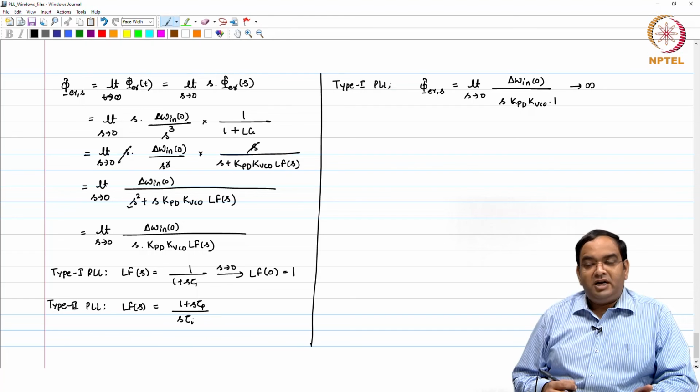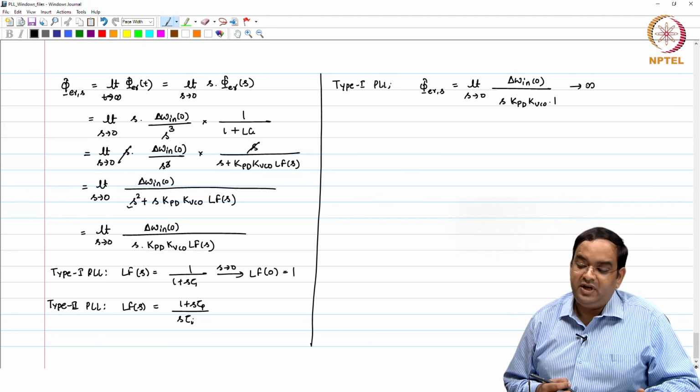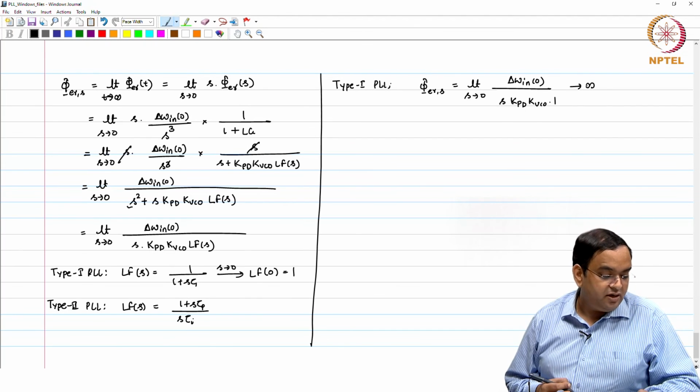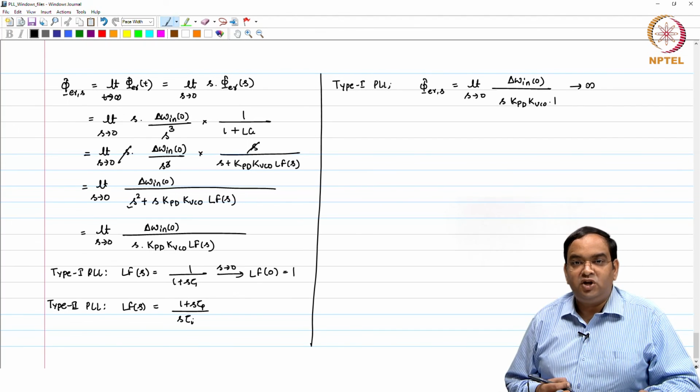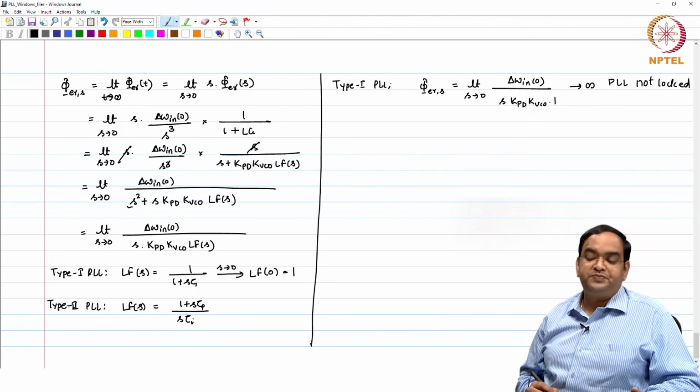So, if you have a type 1 PLL, type 1 order 1, which is what we have been using, then when you apply a frequency ramp to the PLL, the steady state phase error goes to infinity, which means the phase error does not settle, the PLL loses lock, it is not locked anymore.